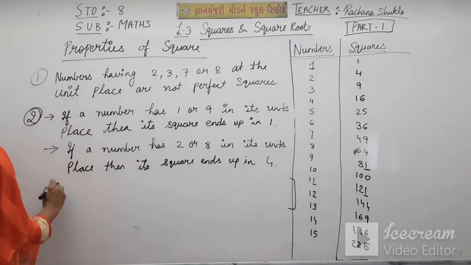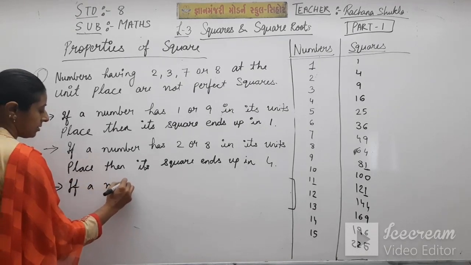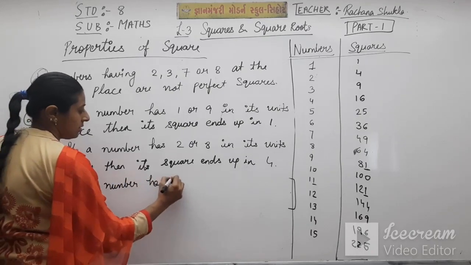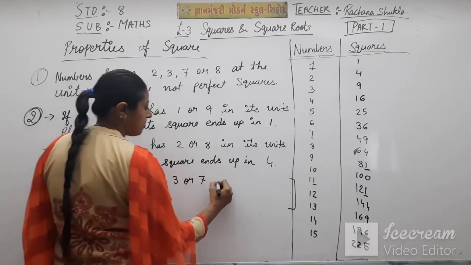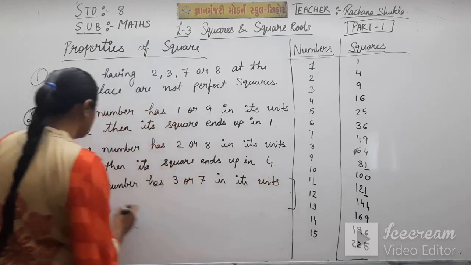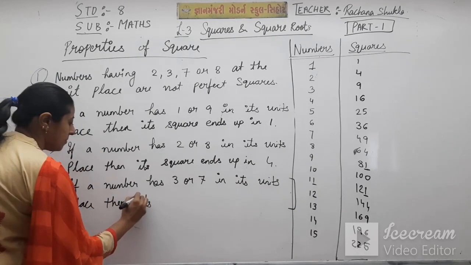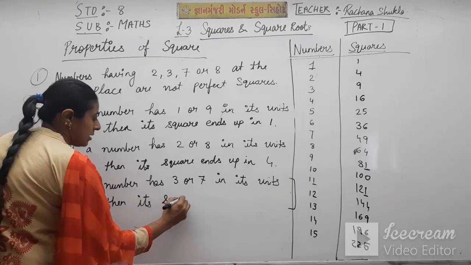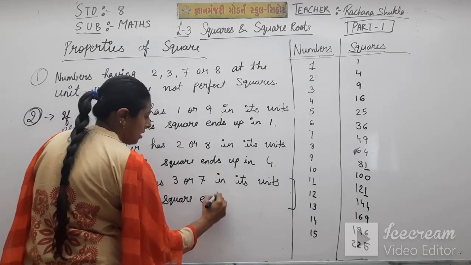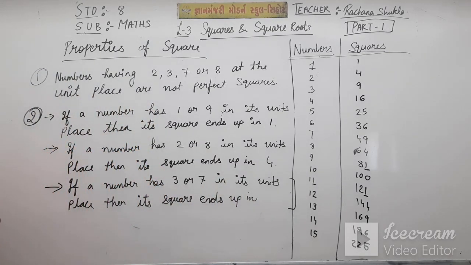Now the next one. If a number has 3 or 7 in its units place, then its square ends up in 9.